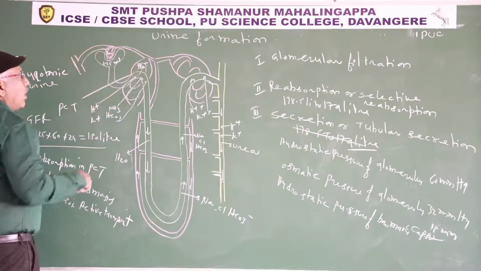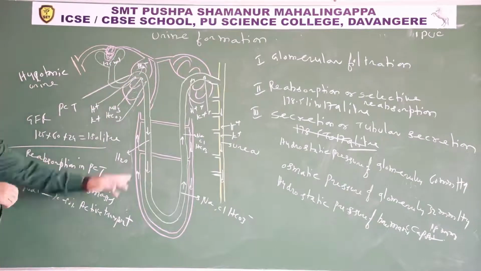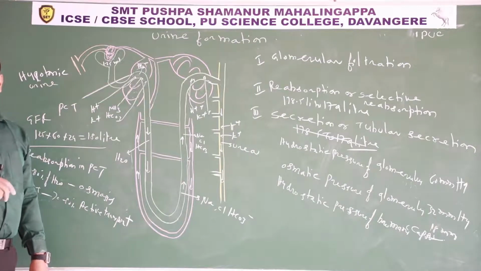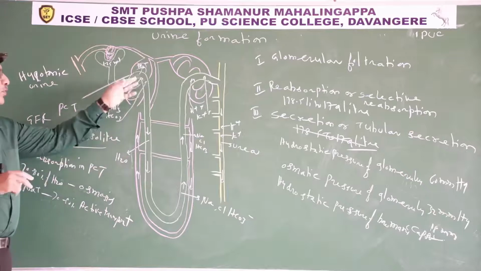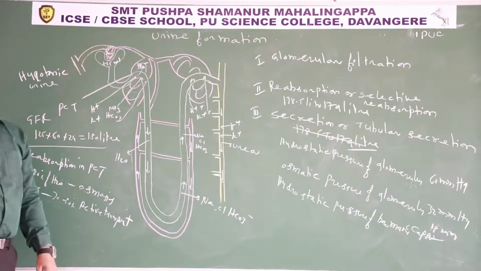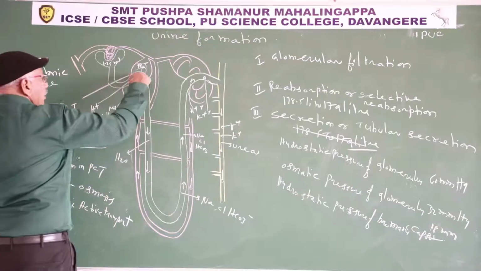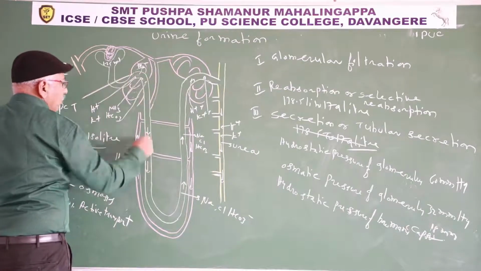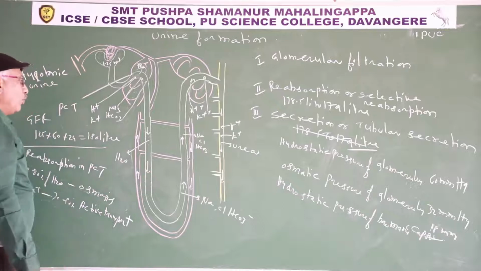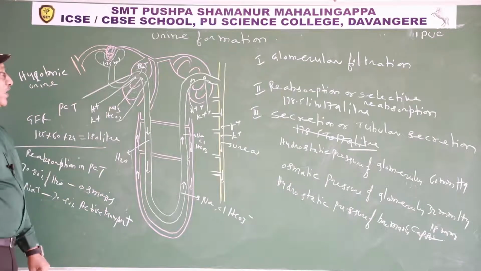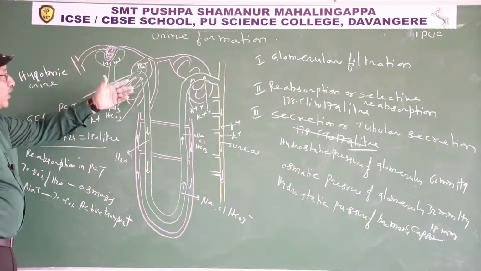While isotonic urine is passing through the descending loop of Henle, water is reabsorbed. Percentage of water reabsorption in the PCT and descending limb of loop of Henle together is 85%. For example, 70% water is reabsorbed while primary urine is passing through PCT.